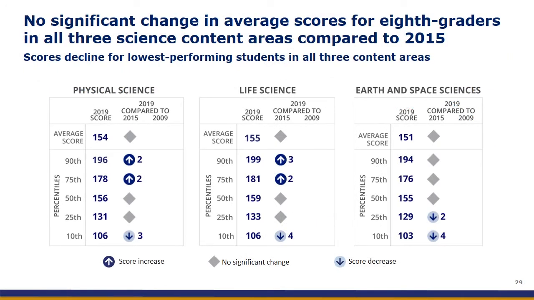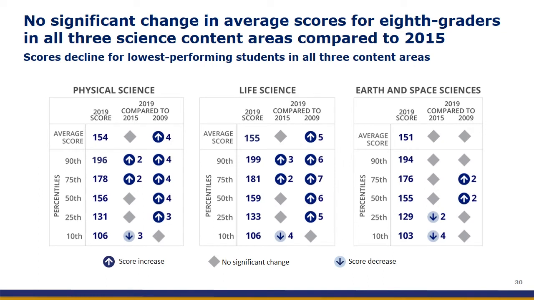The content areas show no change in the overall scores from 2015. But we do see the scores of the lowest performers declining across all three content areas, while the scores of the higher performers have improved in both physical science and life science.